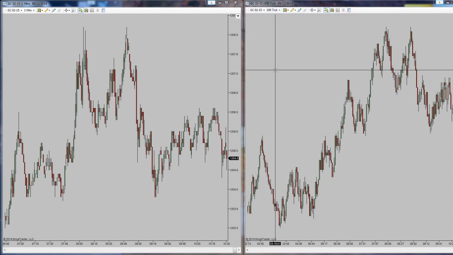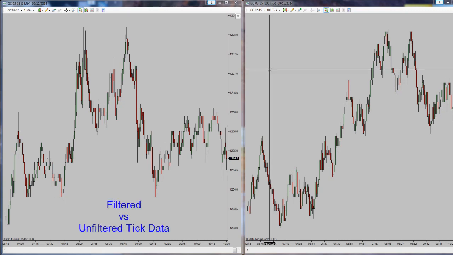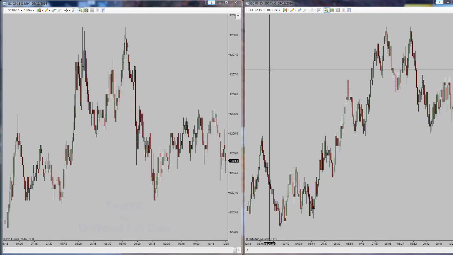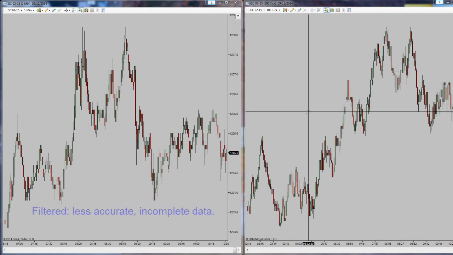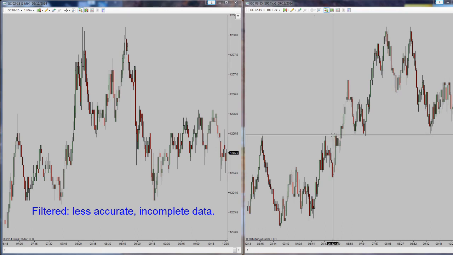And the other thing is using tick data. Depending on the broker you're using and the trading platform you're using, you're either going to get filtered or unfiltered tick data. So if you're using one of the many indicators that give you tick charts on MetaTrader, you're probably going to be getting filtered tick data, which means you're not going to be getting every single tick from the exchange because the feed isn't fast enough to do that, and therefore you won't be getting a 100% accurate view of what the zones look like on a tick chart.